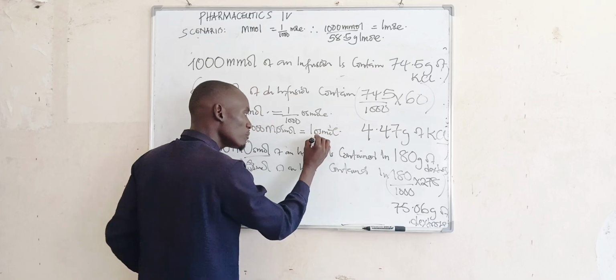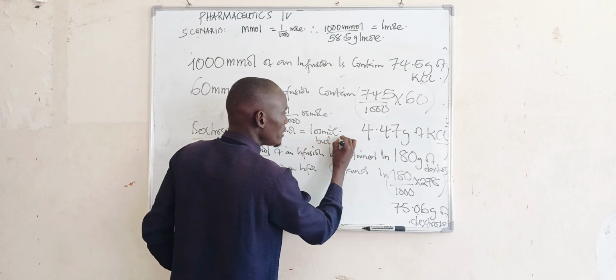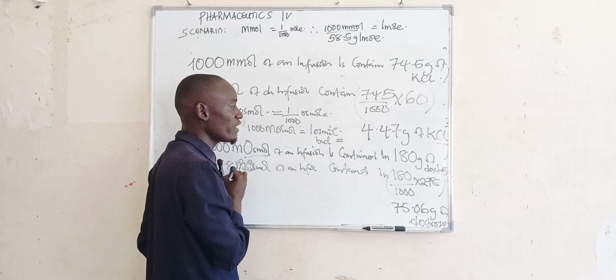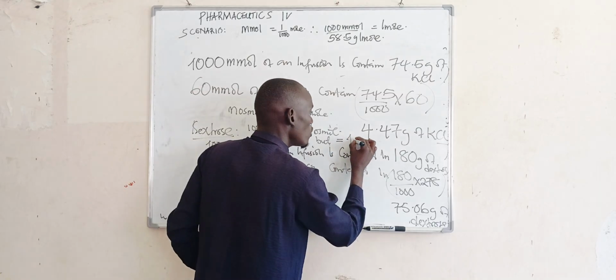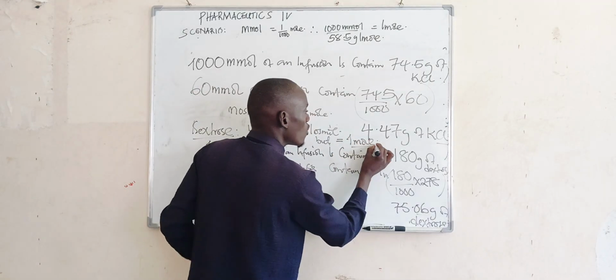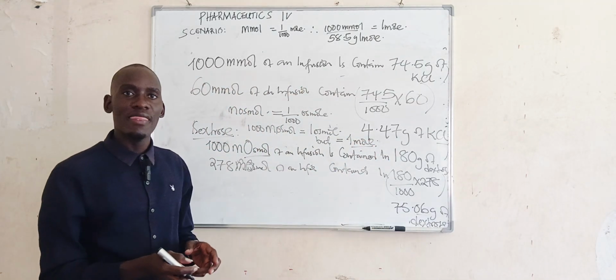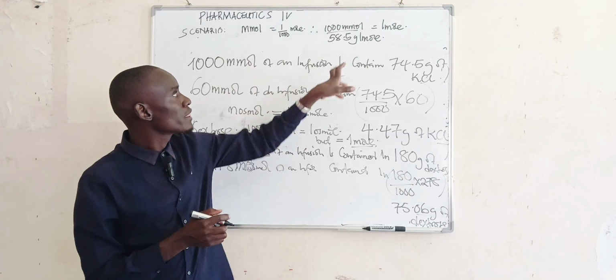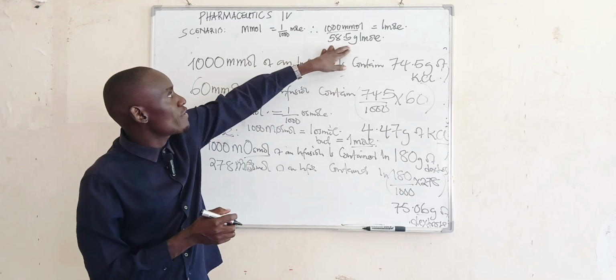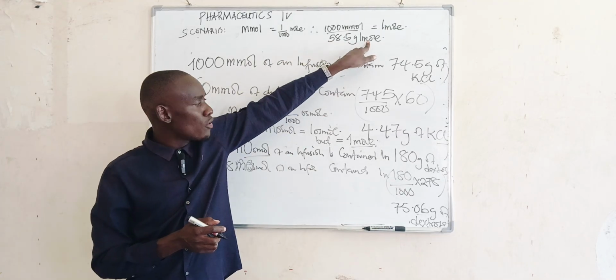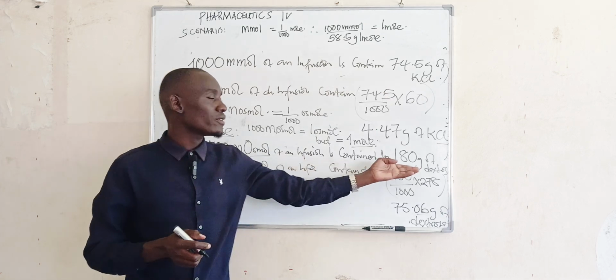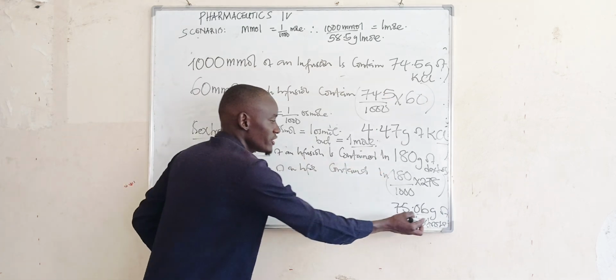But 1 osmol is equivalent to 1 mole, of which we are all much aware that from molecular weight, it is the mass of a substance in 1 mole. That's why we are having a relationship of this nature.